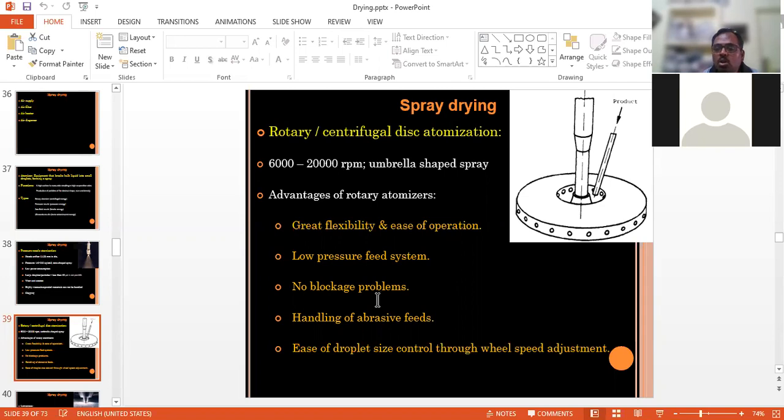There is no blockage problem in the case of rotary or centrifugal disc atomization. We can handle abrasive feeds also, and we can also utilize this for viscous products. Ease of droplet control through wheel speed adjustment.